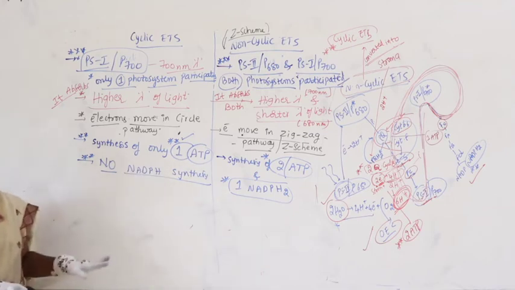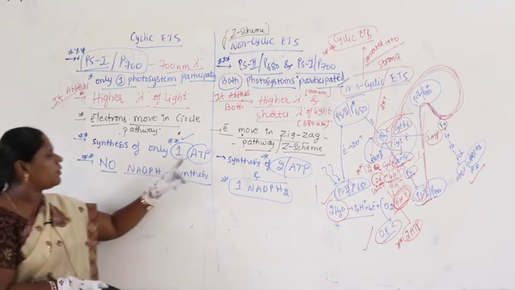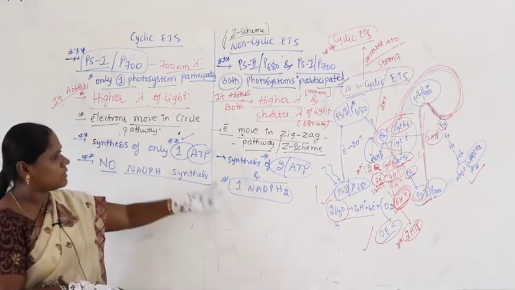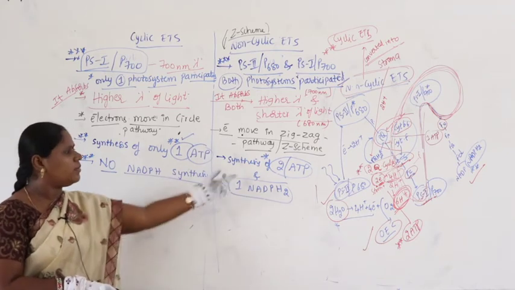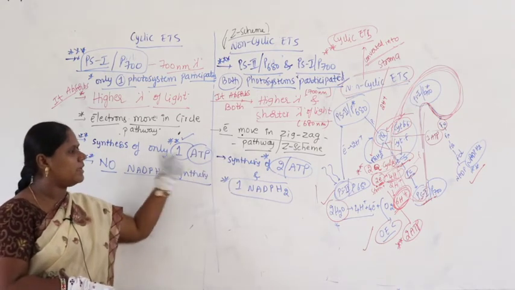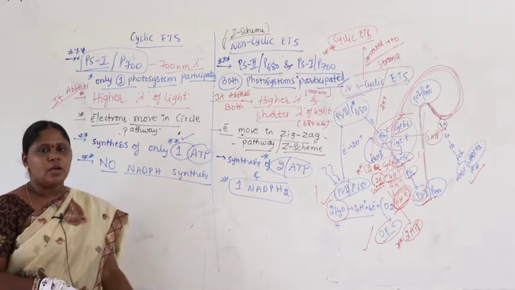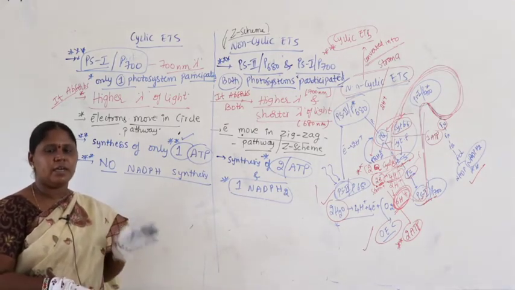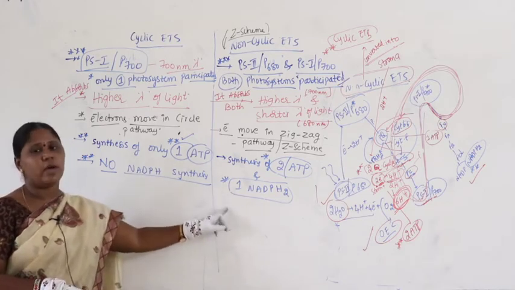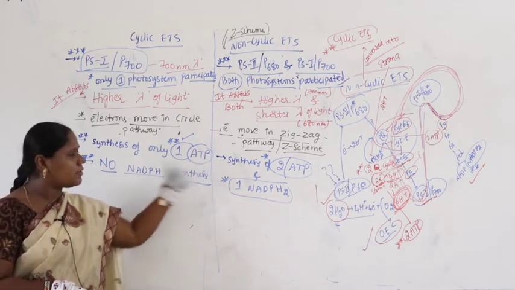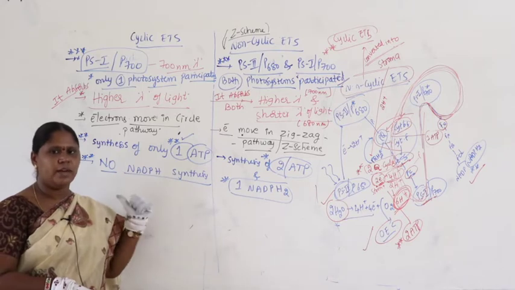Sometimes you will get the question: ratio of number of ATP between cyclic and non-cyclic is 1:2. The same question twisted: non-cyclic to cyclic is 2:1. Number of NADPH, cyclic to non-cyclic is 0:1, non-cyclic to cyclic 1:0. Very important.